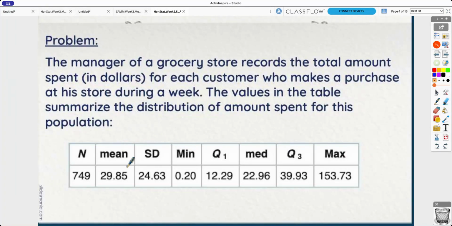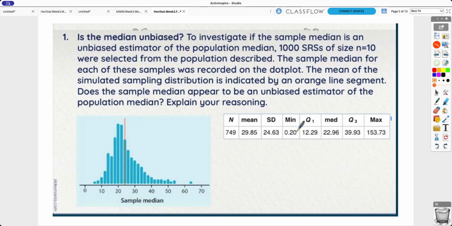The population mean is 29.85, the population standard deviation is 24.63, and so on. So we have the records for the minimum, first quartile, median, third quartile, and the maximum. We want to know if the median is an unbiased estimator.